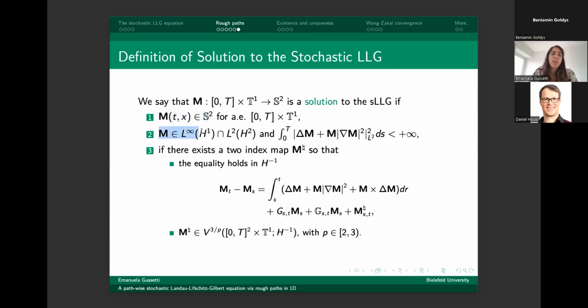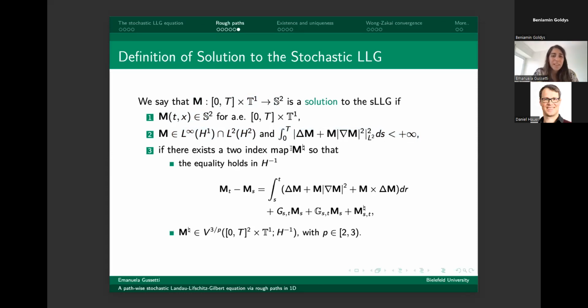We will have L infinity H1, L2 H2 regularity. So L infinity in time, H1 in space, L2 in time, H2 in space. And we also have energy in the definition of solution. So we have basically energy solutions.